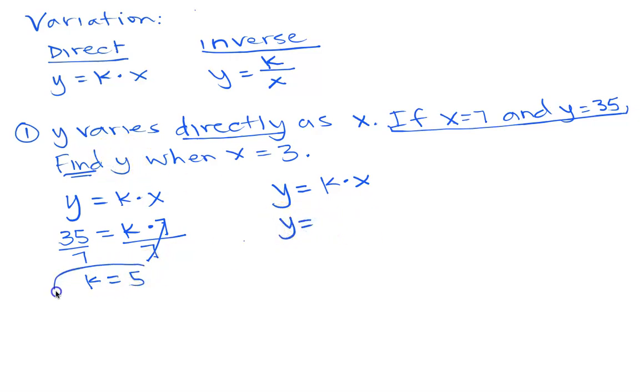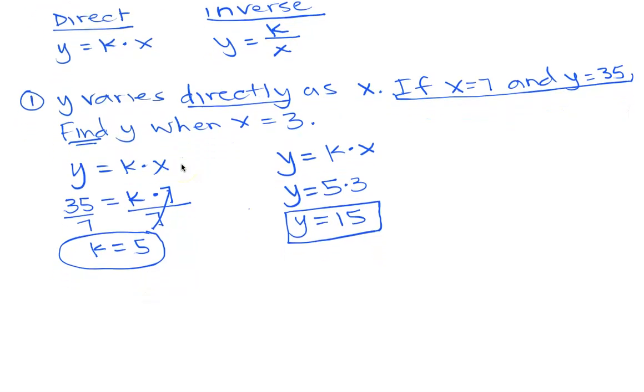I found that k equals 5, so that goes here, and in place of x, I put 3, so 5 times 3. So y equals 15, and that would be your answer. You're going to be sunk if you don't have these variation formulas memorized, so make sure you have those memorized.